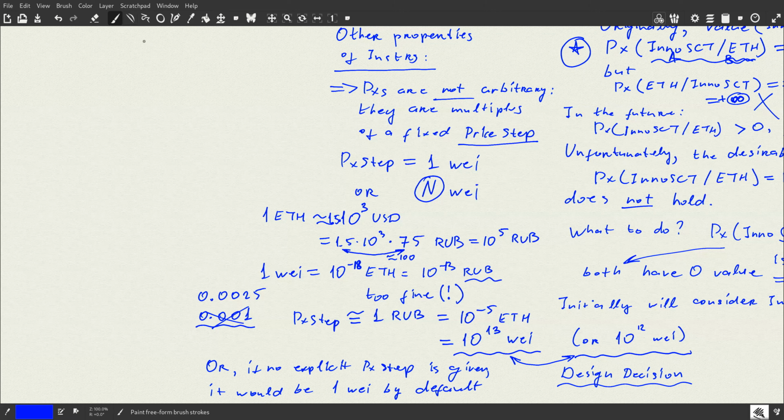So that is the property for a price step. Another property is the minimum number of contracts which can be traded. So what do you think? Does it make any sense, for example, to be able to trade a fractional number of tokens in SCT?